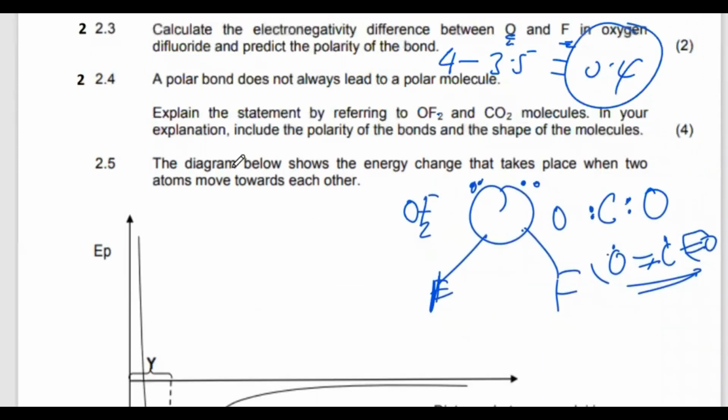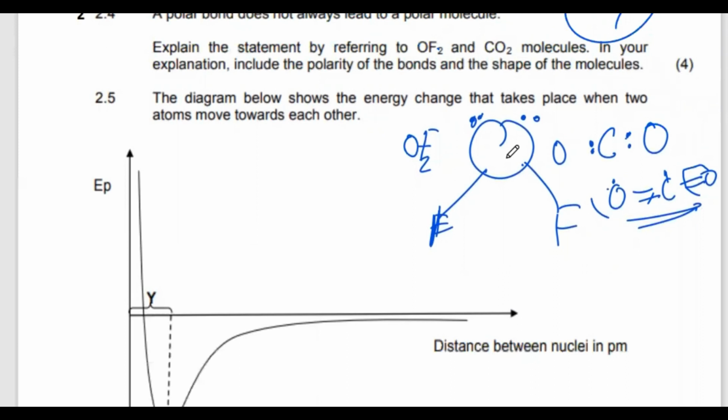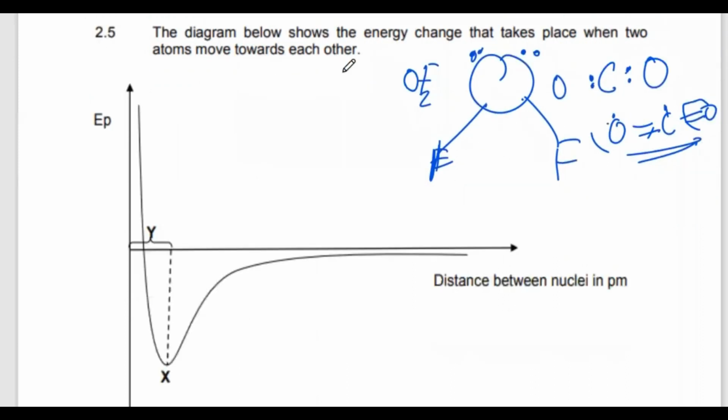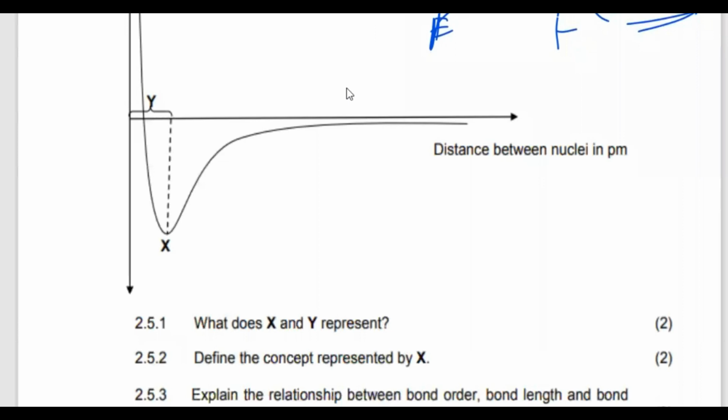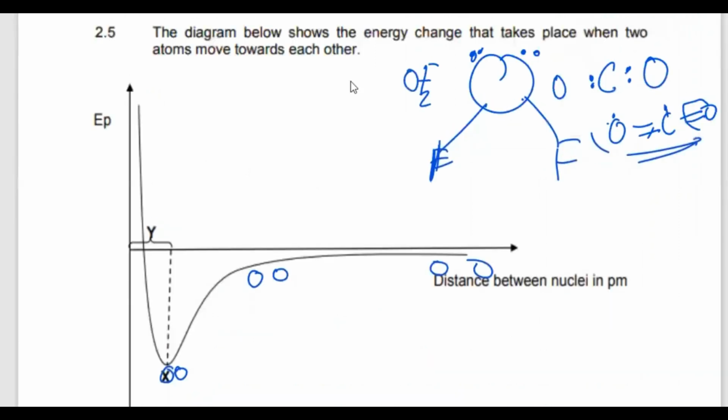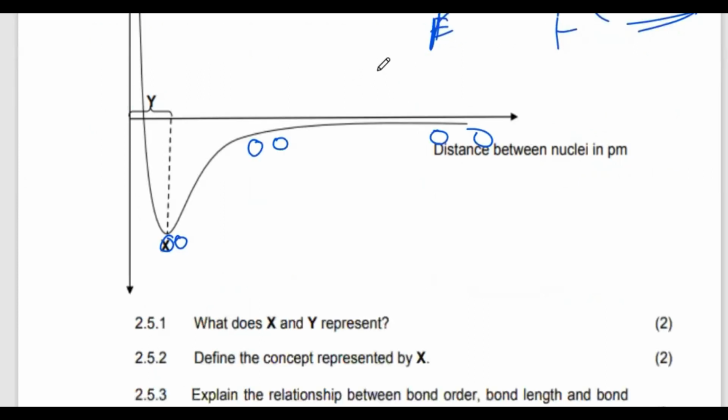Then they're saying the diagram below represents the energy change that takes place when two atoms move towards each other. So as they are far apart, they come closer. Then when it goes up, the distance is so close that here the repulsion force is greater than the attraction force. Here, the attraction force is greater than the repulsion force. Here, the force of attraction and repulsion is almost zero.